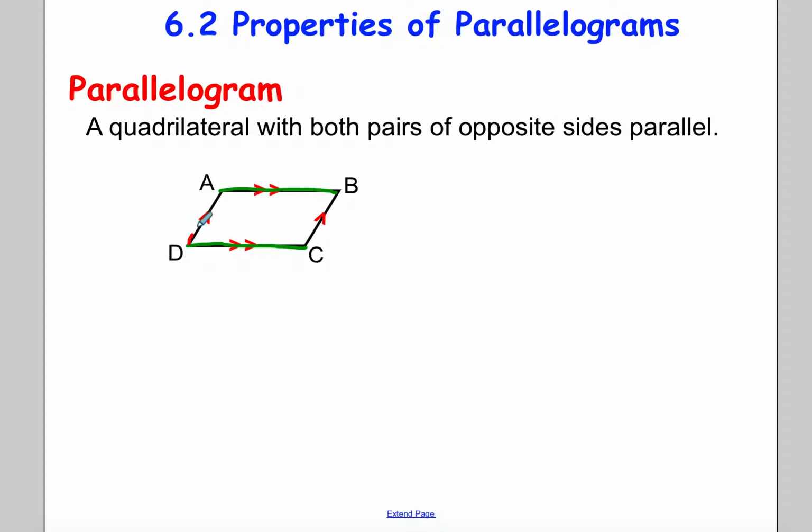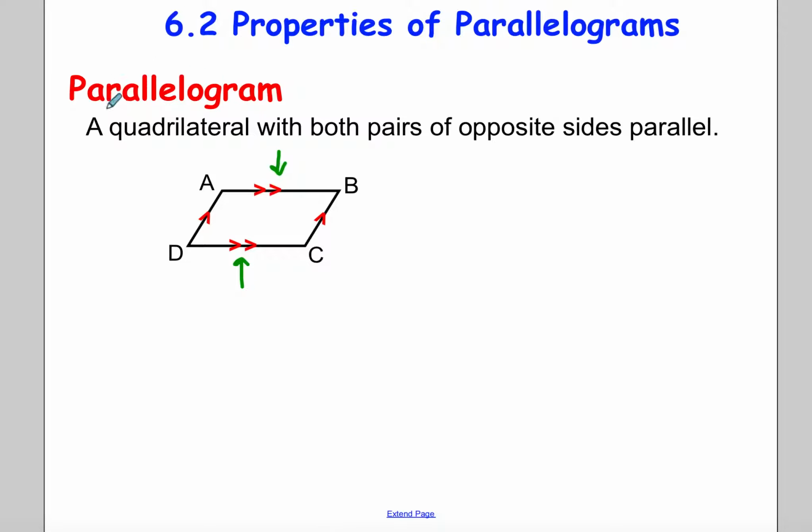And similarly, this side must be parallel to this side. And all of that is shown in this picture right away. If you remember, these little arrows indicate parallel. So what this is saying right here and right here is that these sides are parallel. And what this is saying right here, since there's 2 of them, is that all of the sides that have 2 arrows are parallel.